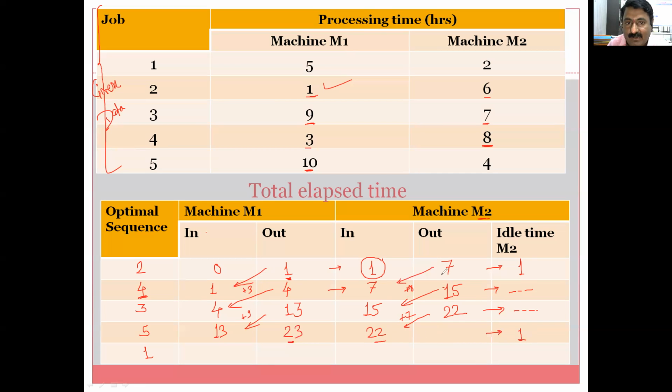And what is after 22? What will be the number? Here 4 is there. So 22, and what is this number? So 22 plus I can say 4. So here it may be 26.